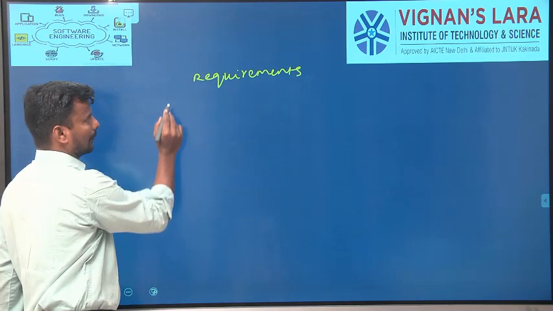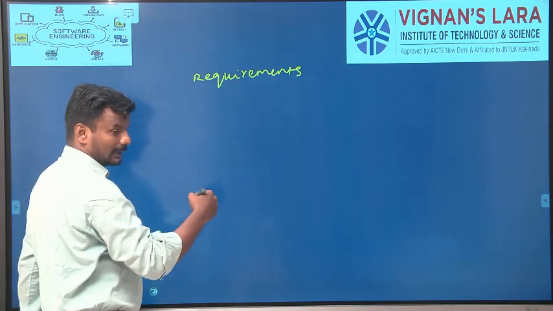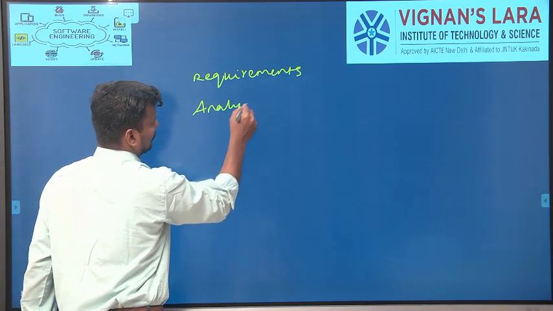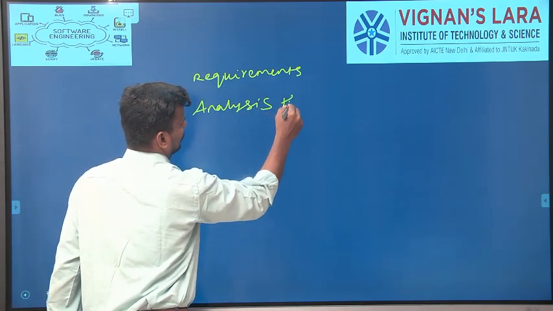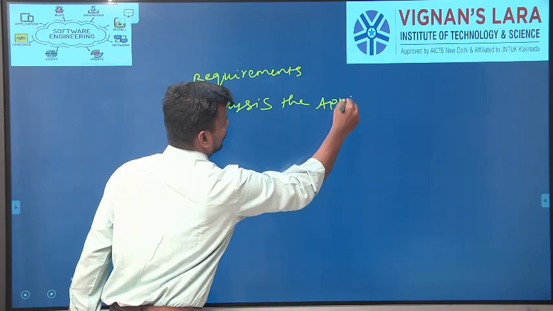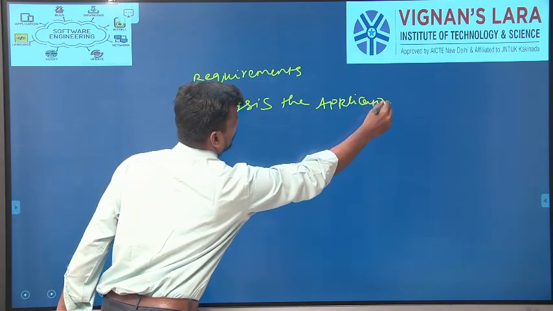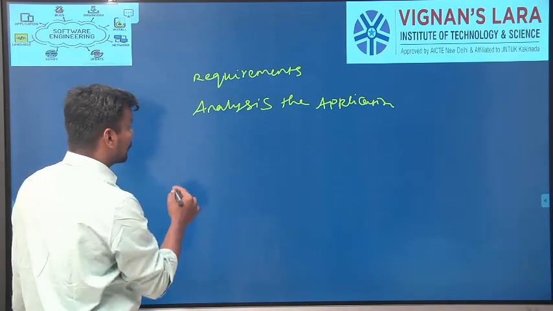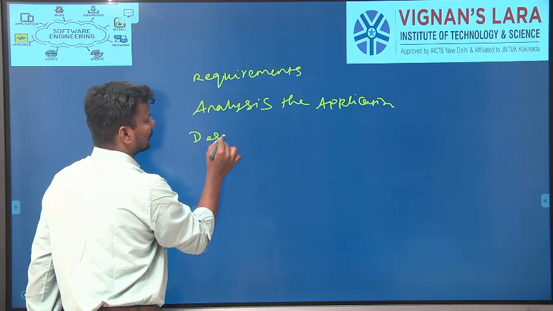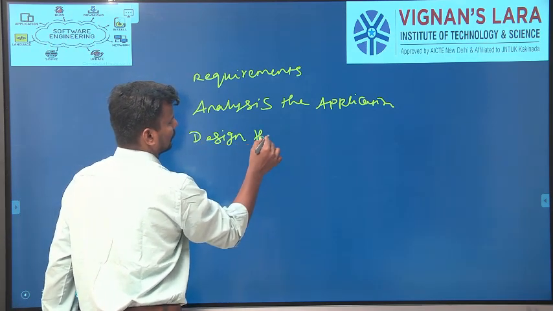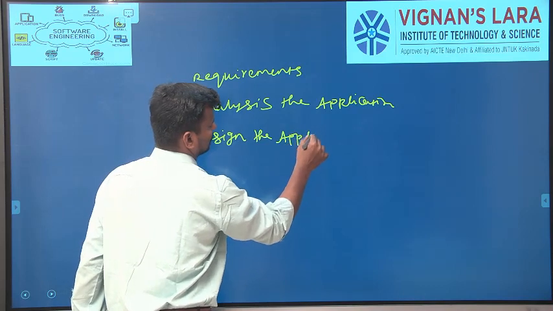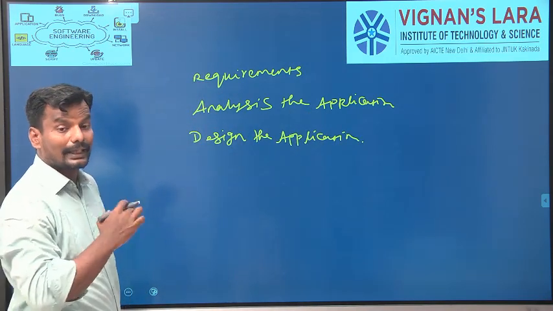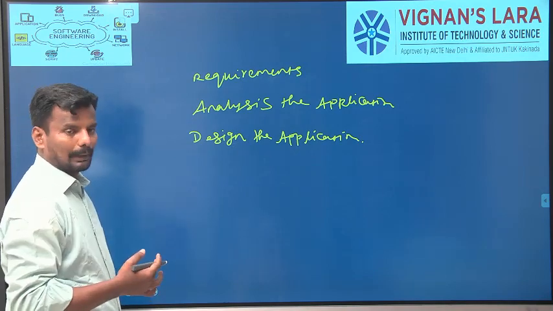We have to collect the requirements, and then after collecting the requirements, we have to analyze the application. After analyzing, we have to design the application. The design is nothing but the blueprint of the application.